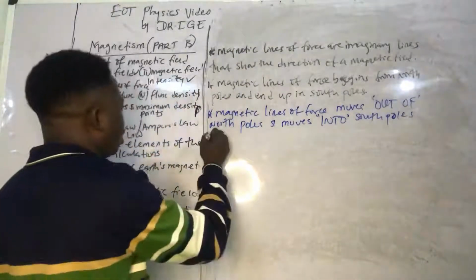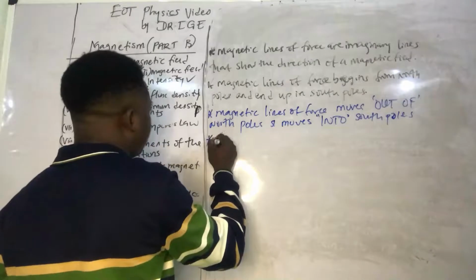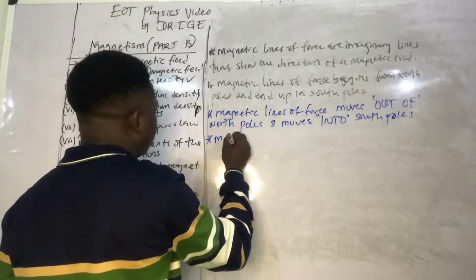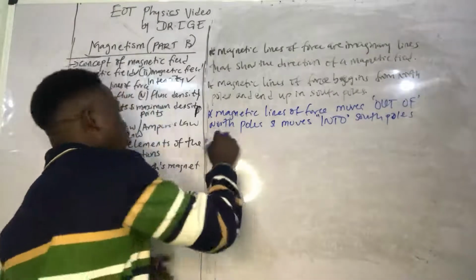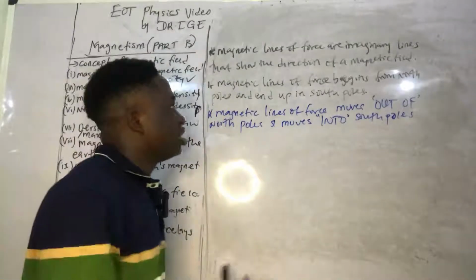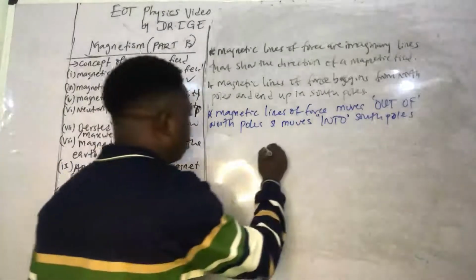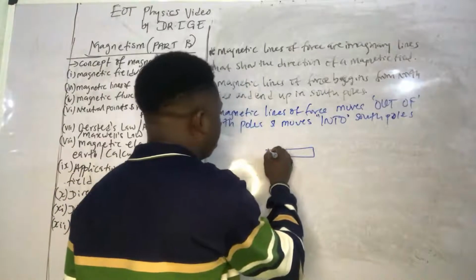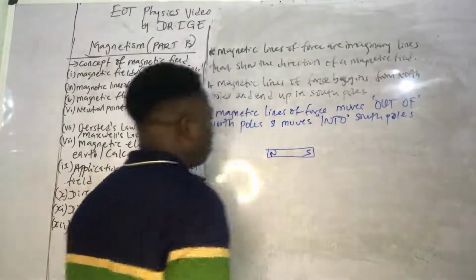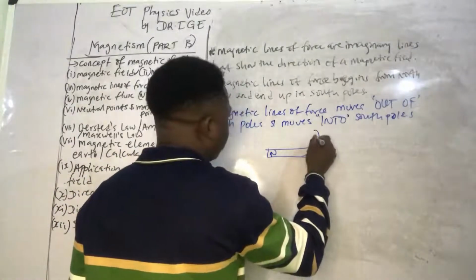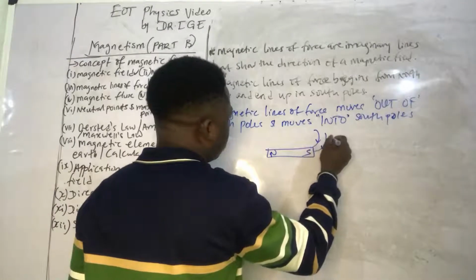You can also say magnetic. Let's leave that. Let me not complicate this. I'll just make everything. So, for example, this is a magnet. Okay? This is the north pole. This is the south pole. So, have you seen lines like this before?